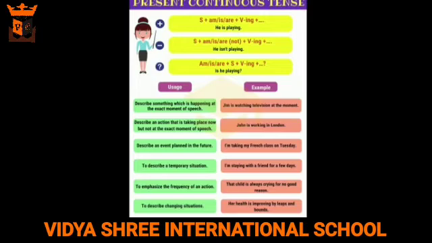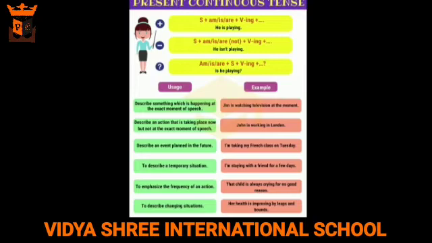It is also used to describe an event planned in the future. For example, I am taking my French class on Tuesday. It is also used to describe a temporary situation. For example, I am staying with a friend for a few days.